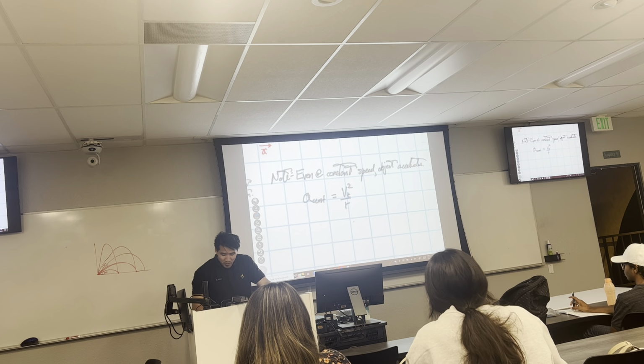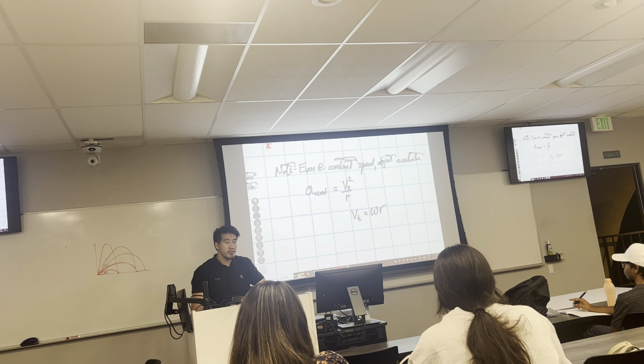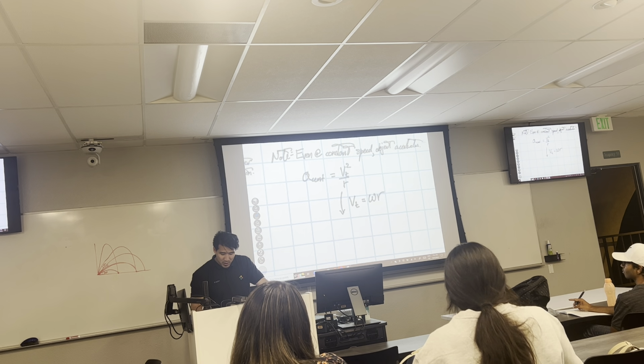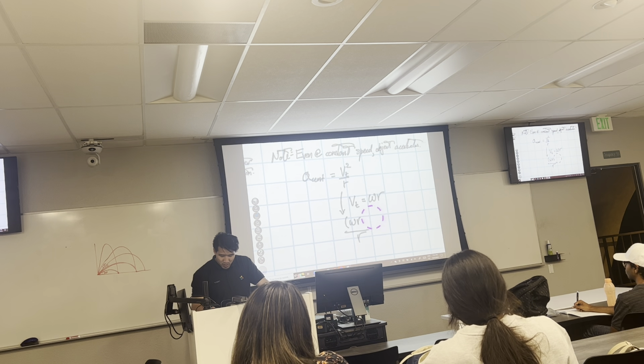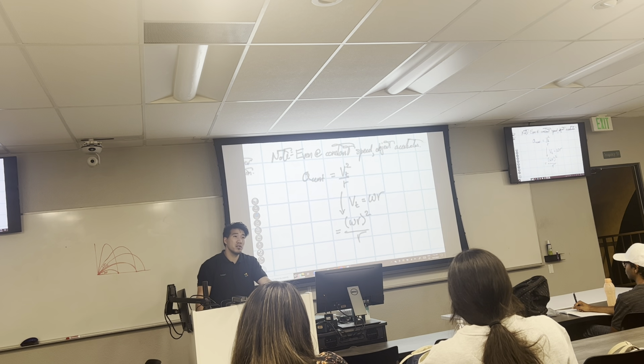But remember, vt was equal to omega r. So it would be omega r quantity squared over r.